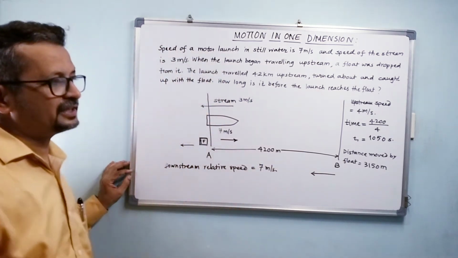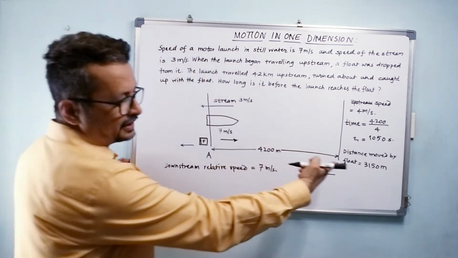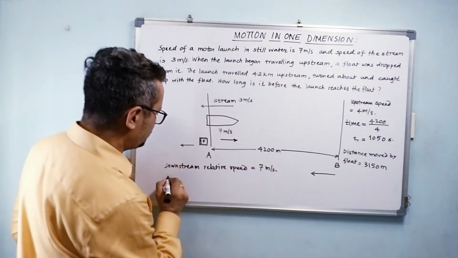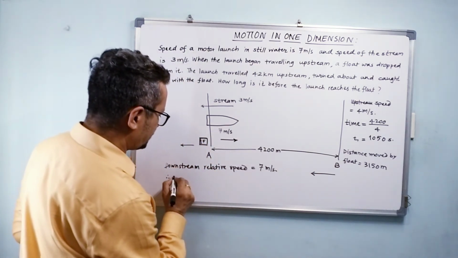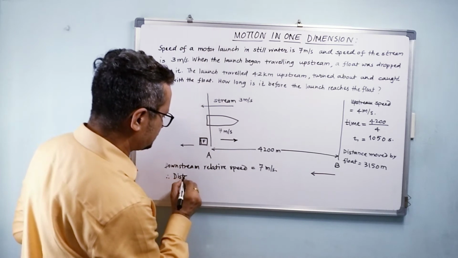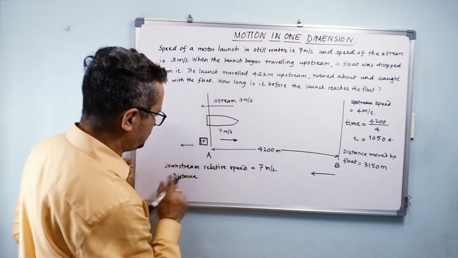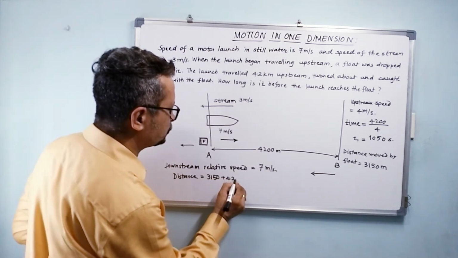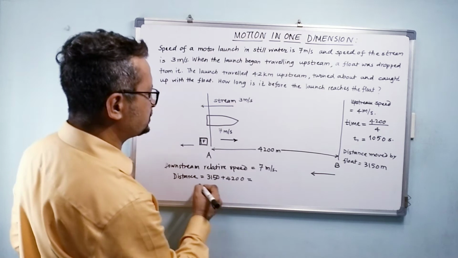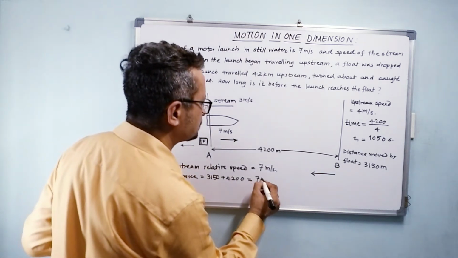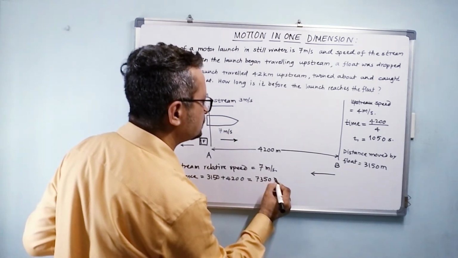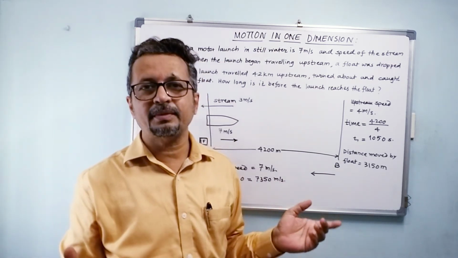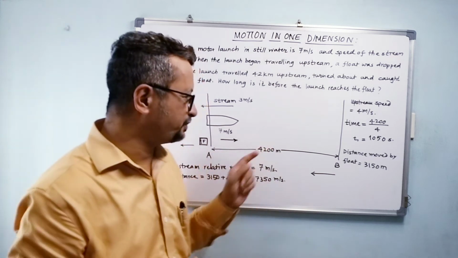And then how much is the distance that needs to be covered? That would be 3150 plus 4200, that would be equal to 7350, and then 7350 divided by the speed.